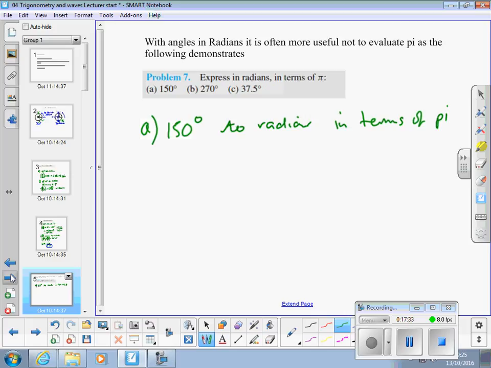So our conversion is, how do we do that? Pi over 180 times 150. Do that on your calculator.